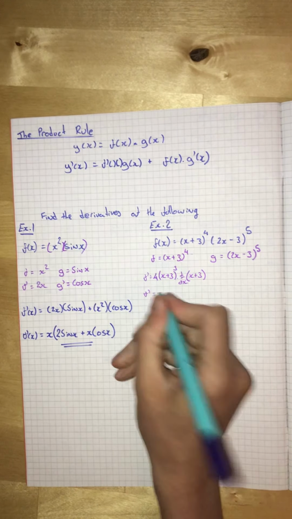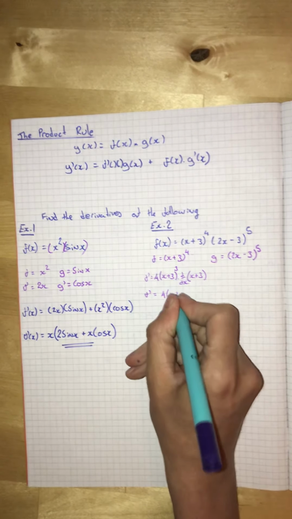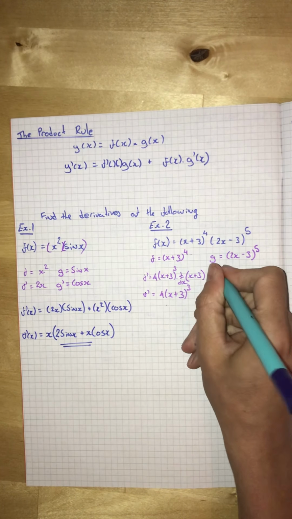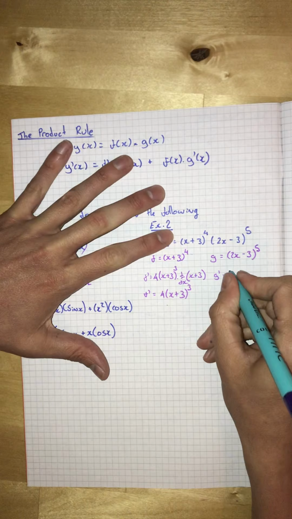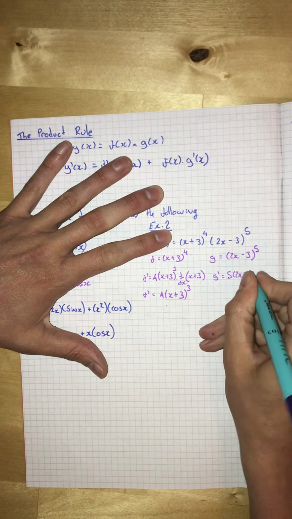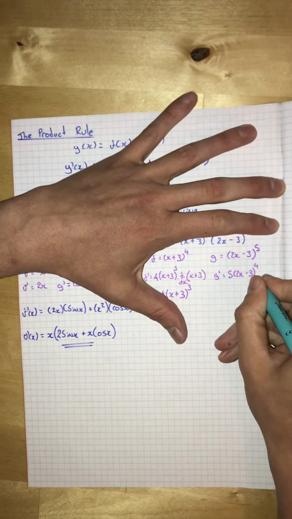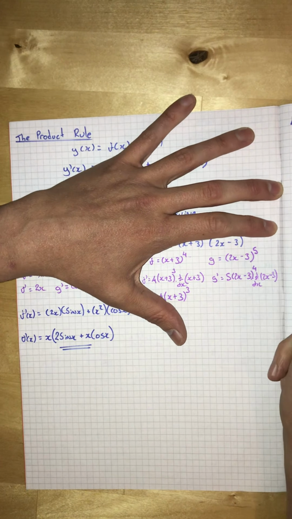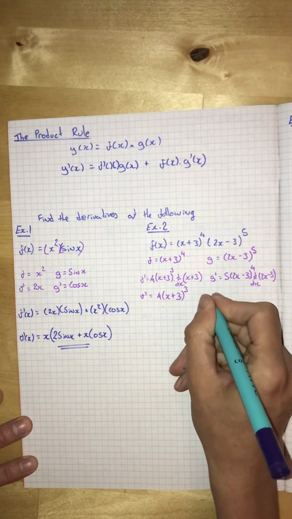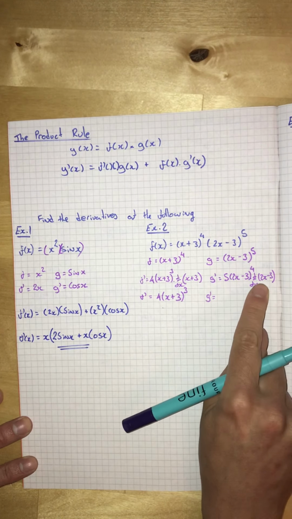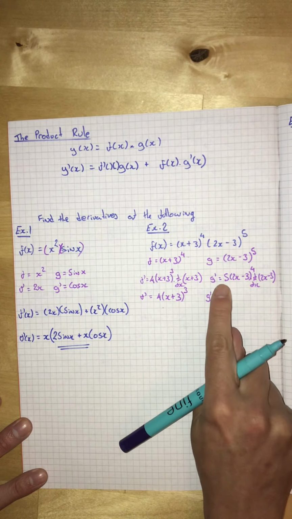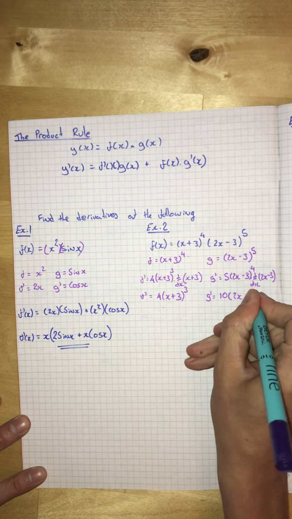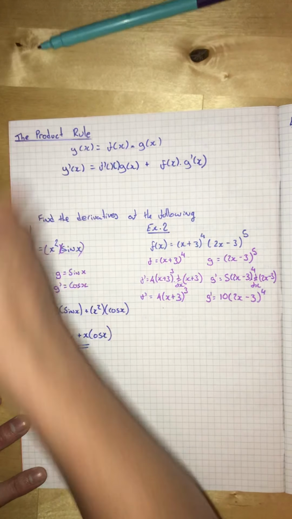So f dashed is just going to be 4(x plus 3) cubed. g dashed will be 5 times (2x minus 3) to the power 4 times the derivative of what's inside the brackets. Differentiate what's inside the brackets, you get 2. 5 times 2 is 10, so it's going to be 10(2x minus 3) to the power 4.